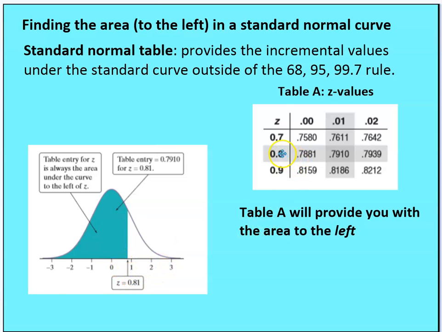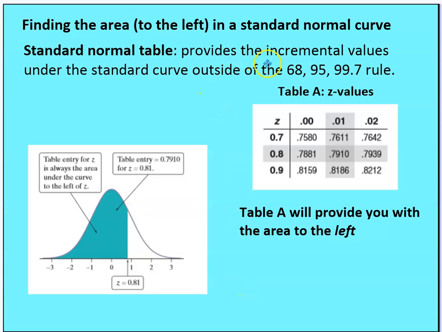Then I'm going to go to my table in the back of the book, and I'm going to look up the first digit here, and then the second, so 0.81, and then I'm going to cross-reference this as 0.7910, which means that 0.7910, or 79.1% of the area underneath this curve, is to the left of a z-score of 0.81.